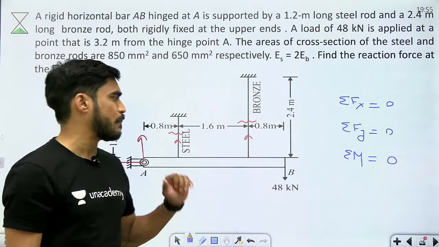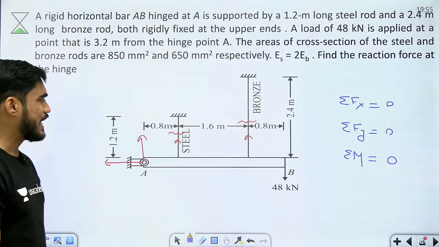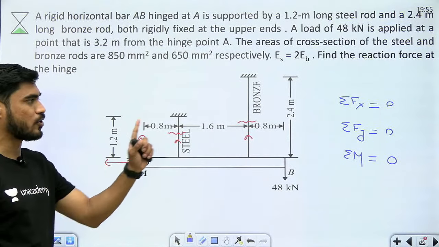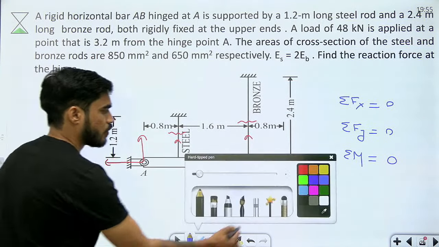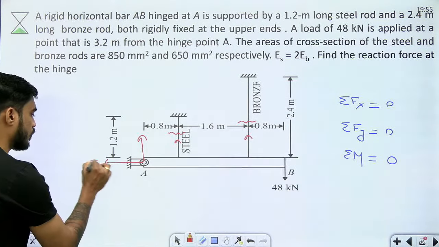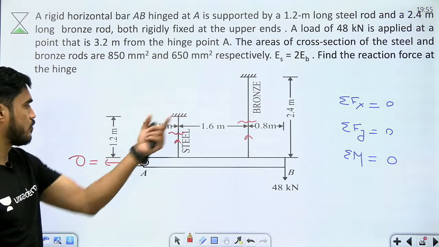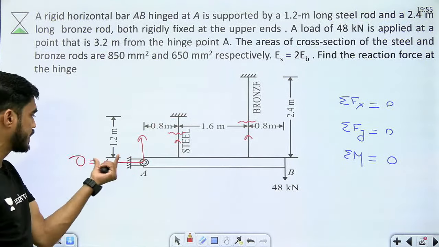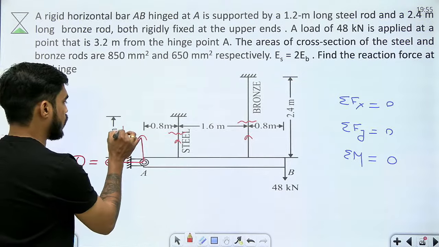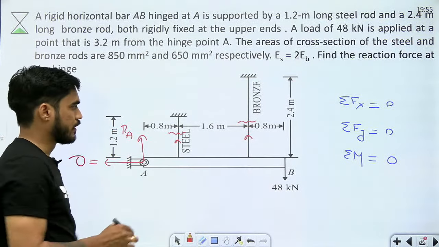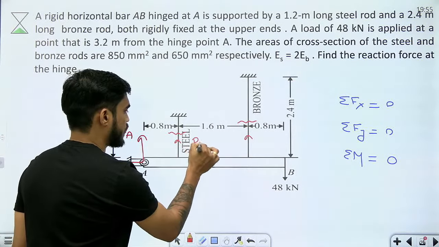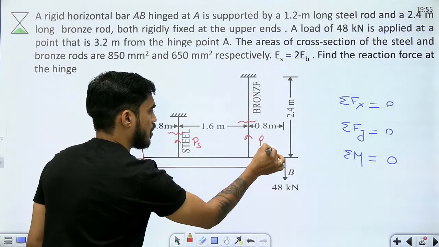First of all, let's apply the equilibrium equation. Now summation of Fx equals 0 से मेरे को क्या मिलेगा? From summation of Fx equals 0, there is no other force in x, so this will become 0. Let me call it Ra, ठीक है? Let me call it P of steel. Let me call it P of bronze.